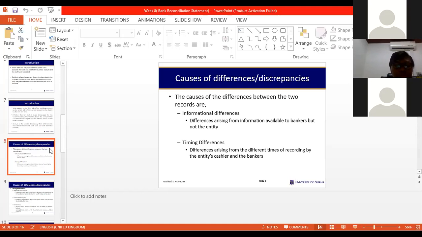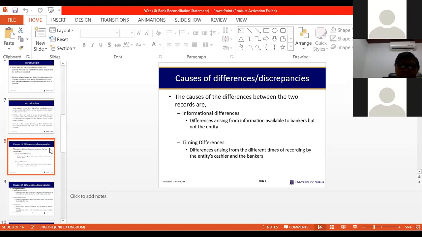Second, timing differences. These arise because of the different times that we send checks or the bank records items in our current account.